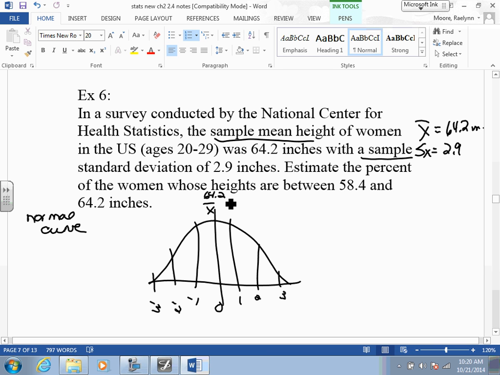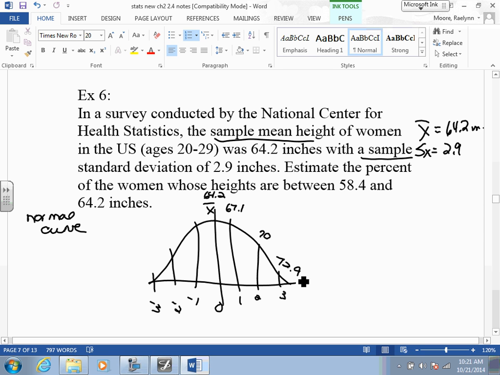Now, the easiest way to do this is add 2.9 all the way down. So we add 2.9. We get 67.1. We add 2.9 again, and again.